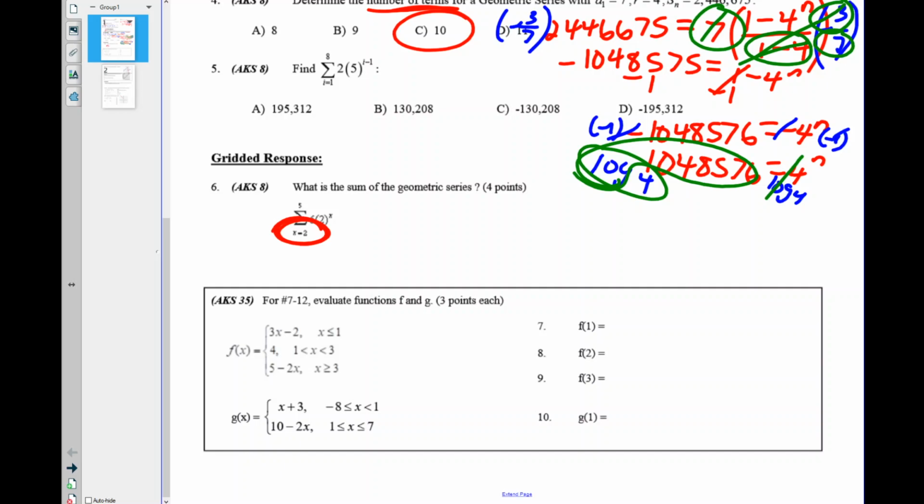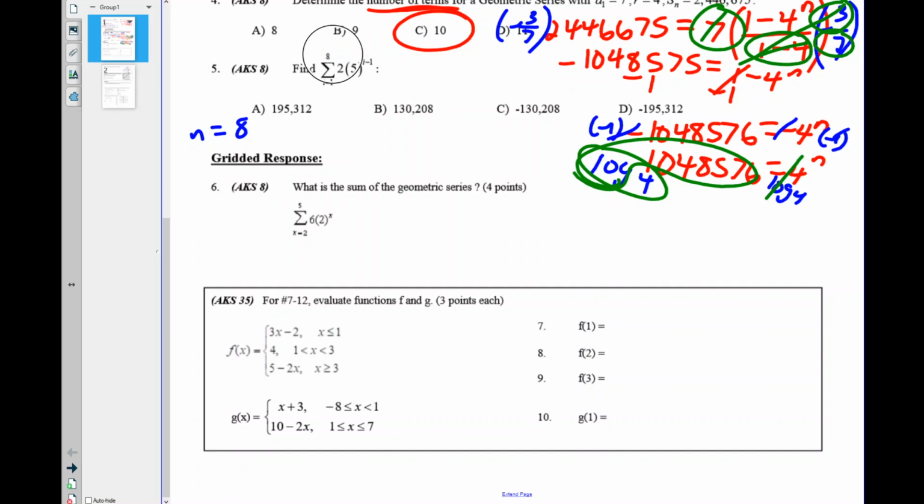I warned you about the lower limit and how it's important. I told you not to just lull yourself to sleep. On 5, the lower limit is 1. So what ends up happening? If you do upper minus lower plus 1, your n just ends up being what's up there. But if you did that for 6, you got it wrong.